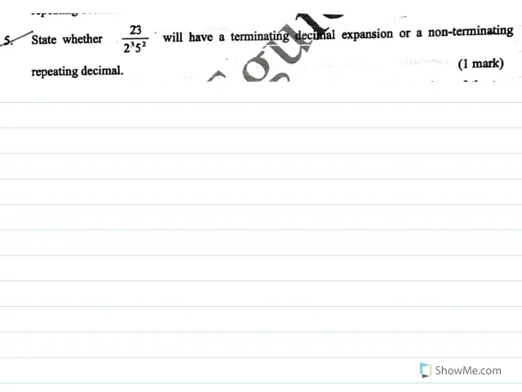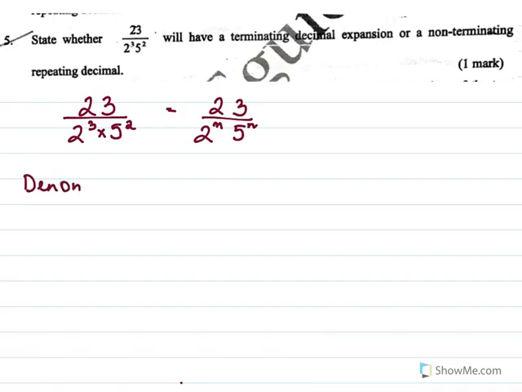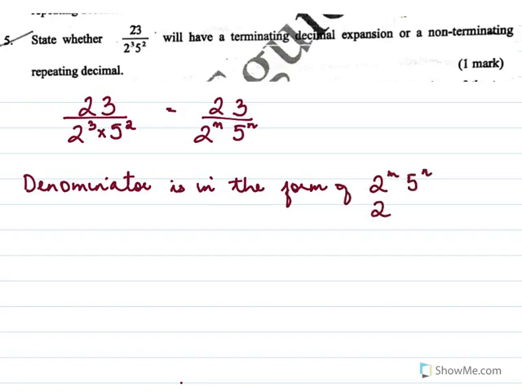State whether 23 over 2 raised to 3, 5 raised to 2 is terminating or non-terminating. We can do it orally because they have already factorized and given us the denominator. So you see the denominator is in the form of 2 raised to m, 5 raised to n, means 2 raised to 3, 5 raised to 2.